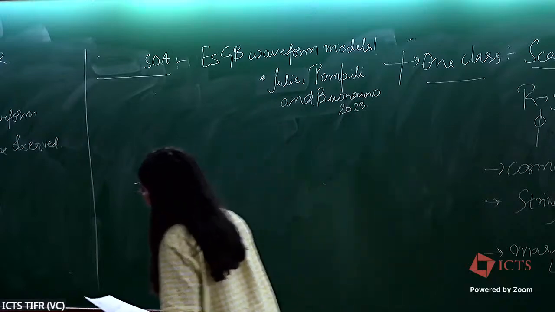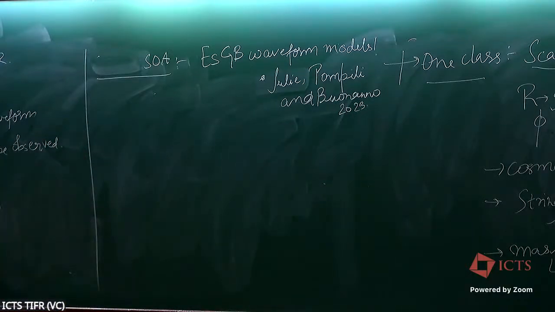Late 2023. So it's quite a recent development where they have used the PN information up to 3 PN order and computed these A2, A3, and A4 corresponding to ESGB corrections.